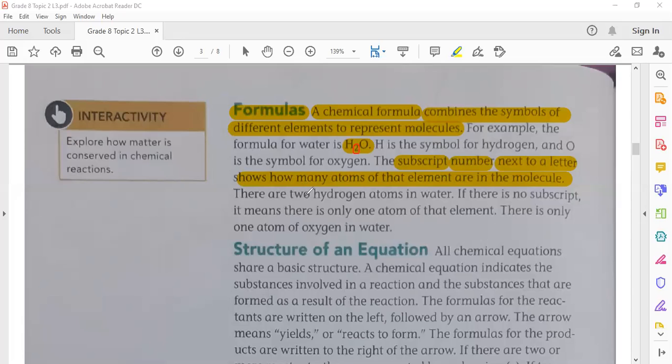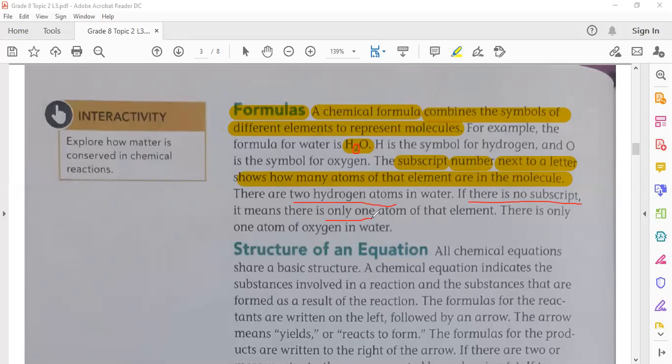So according to the water formula, there are 2 hydrogen atoms. How can we know? Because of this subscript. And if there is no subscript, it doesn't mean 0. It means there is only 1. In science, we don't write 1. If there is 1 atom, we don't write anything.